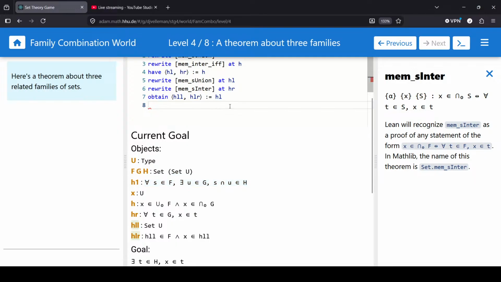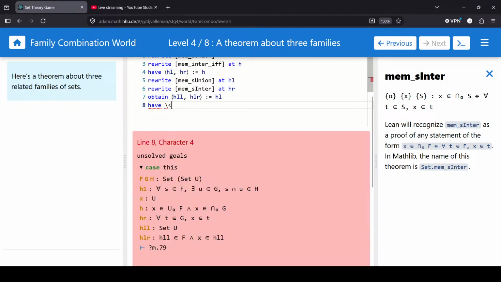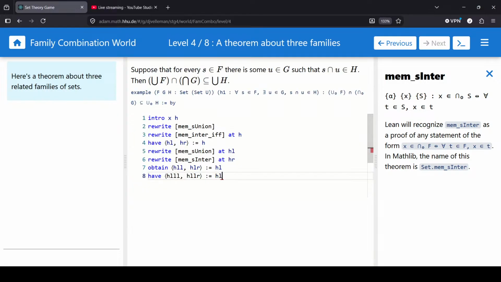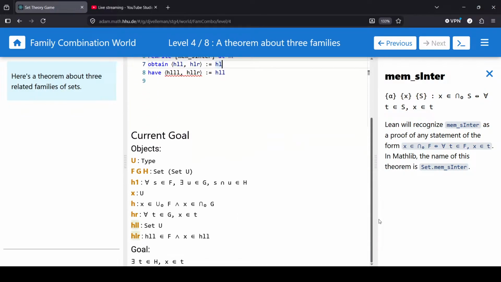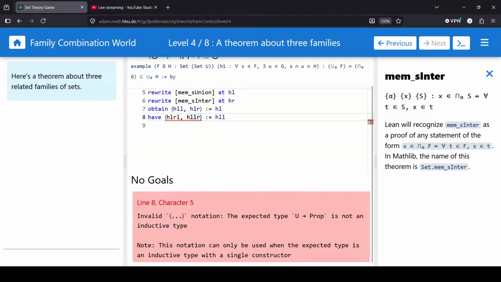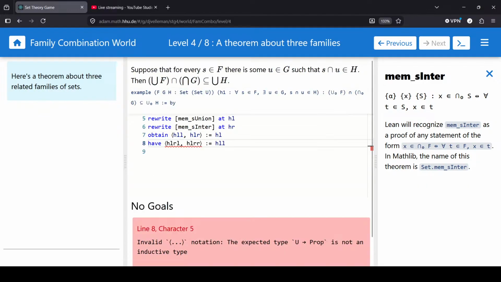So if I do have... Oh, it doesn't like that? What did I do? Oh, oops, that's HLR. There we go.